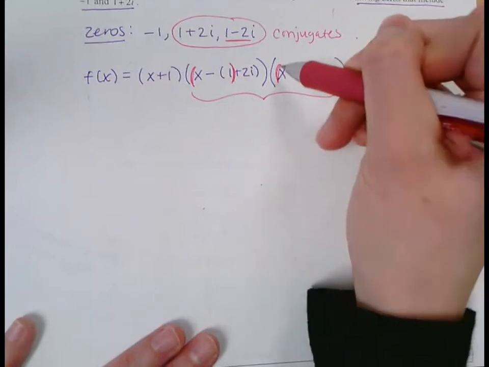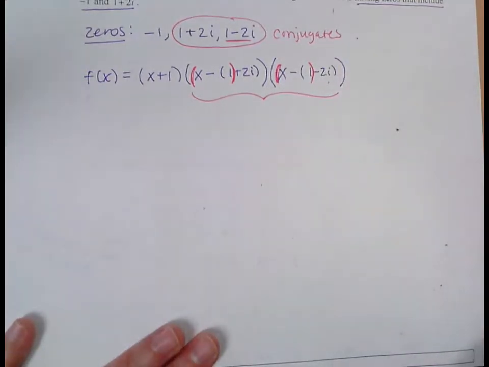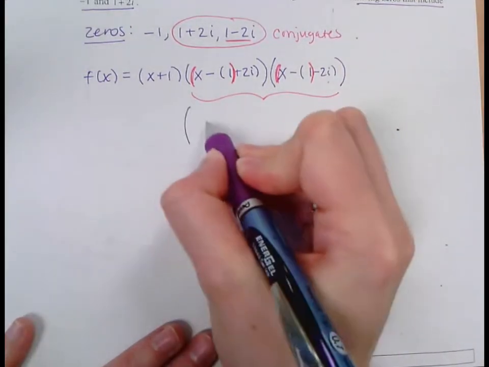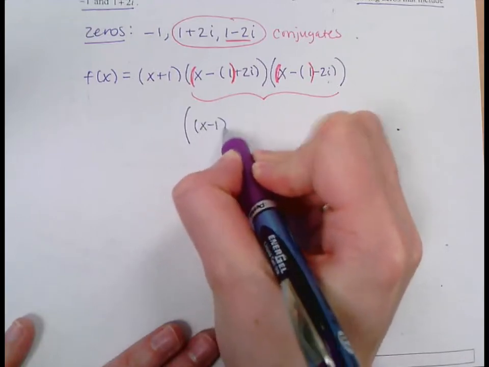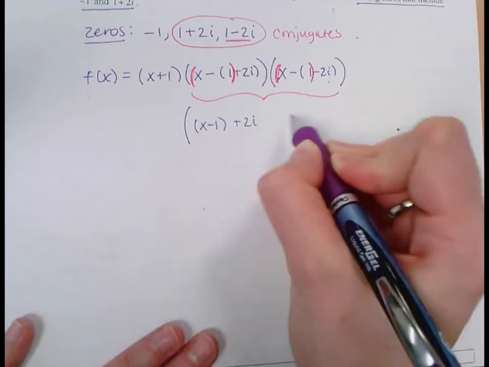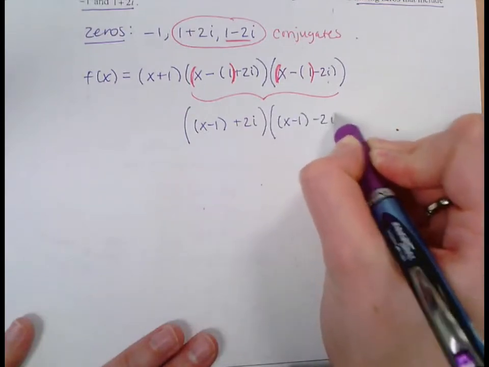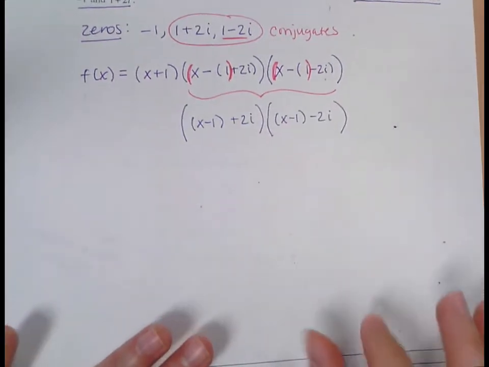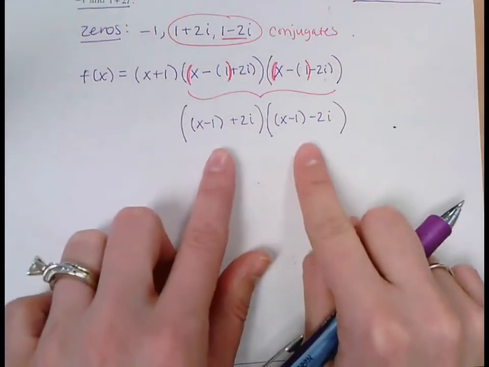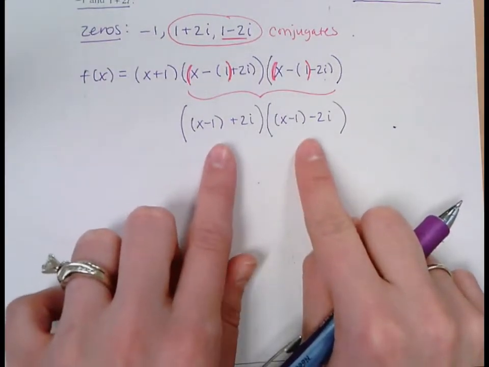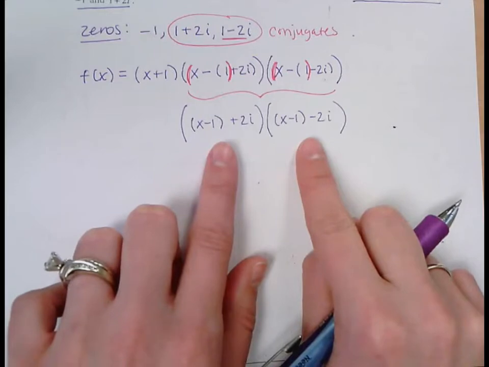So this is going to become (x minus 1) plus 2i, and then (x minus 1) minus 2i. So I just regrouped it, and I'm going to explain why I did that.